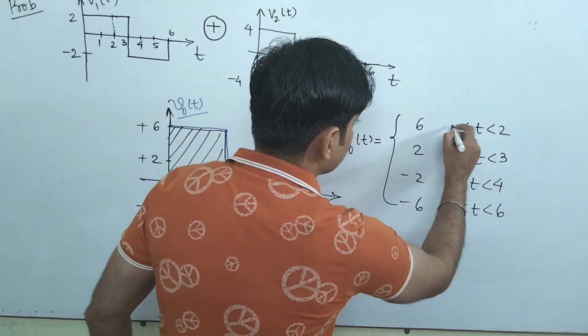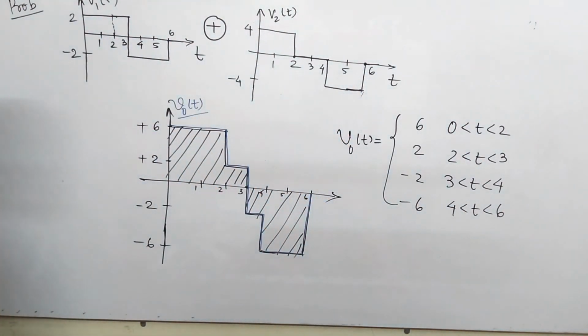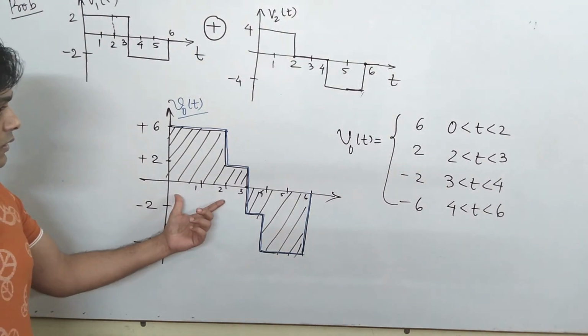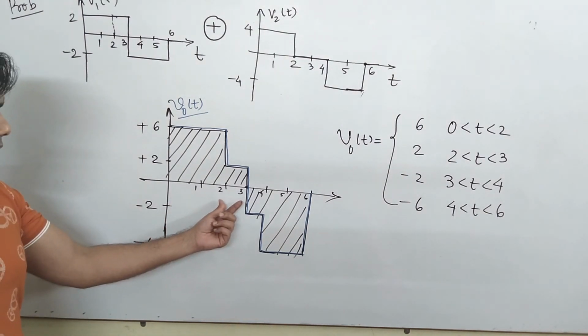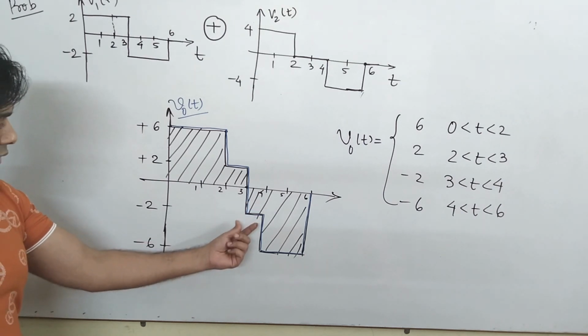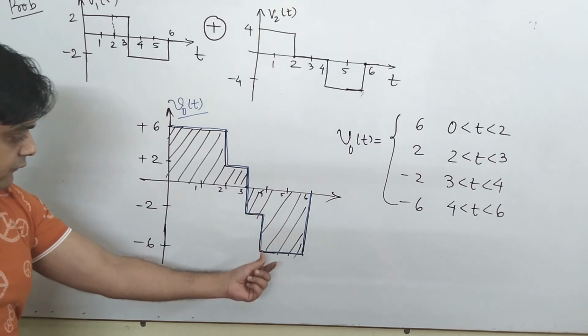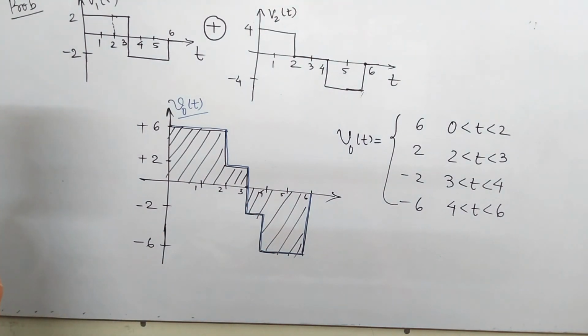It is not 1, it is 0. Okay, so from 0 to 2 this value is 6, from 2 to 3 it is 2, from 3 to 4 it is minus of 2, and from 4 to 6 it is minus of 6. So this is all about the value of V0(t) we have just found.